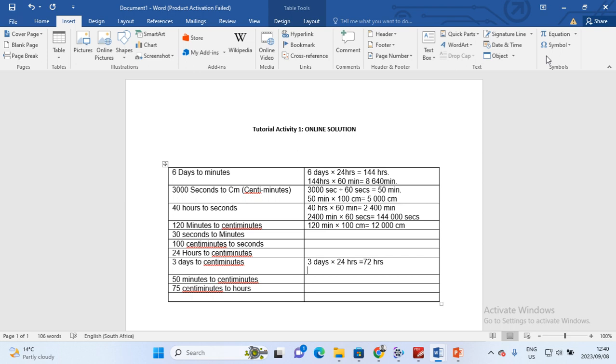And then from there, we are going to take 72 hours, which we will multiply by 60 minutes, which should give you 4,320 minutes. But then they're asking us to convert it into centiminutes.